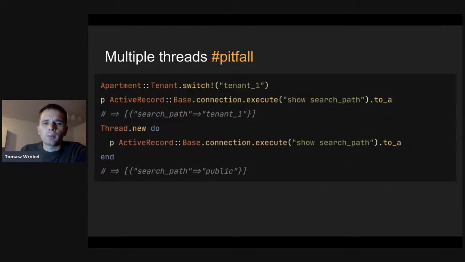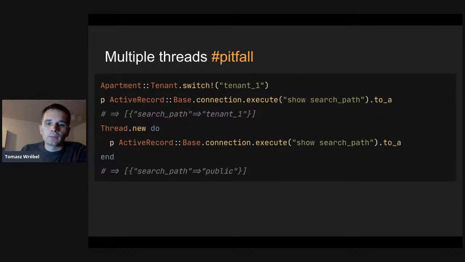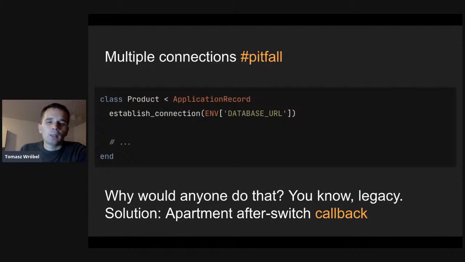This is not something people often do, but if you happen to spawn threads inside your request or inside your background job, we actually once did that. You need to make sure that every connection that this thread makes also has the search path set properly. Okay. Yeah, in the previous case, of course, if you don't do that, then weird things can happen.